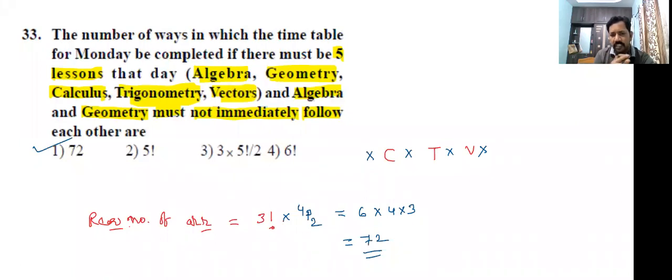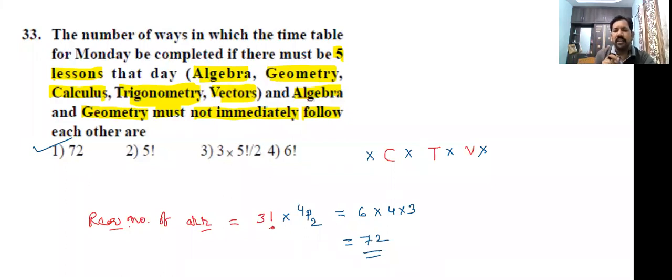So once again, listen. There are 5 lessons. We can arrange the 5 periods, but algebra and geometry must not immediately follow. The condition is on algebra and geometry. First, we arrange the remaining lessons: calculus, trigonometry, vectors. 3 lessons can be arranged in 3 factorial ways.